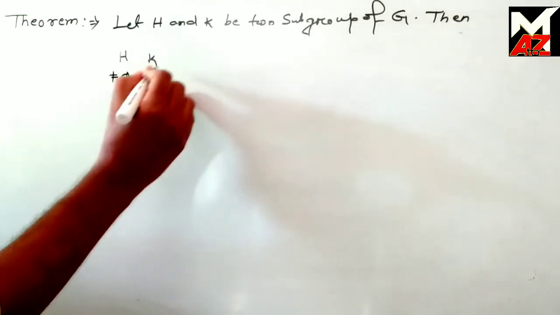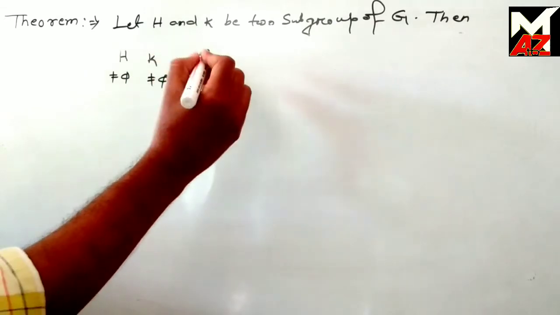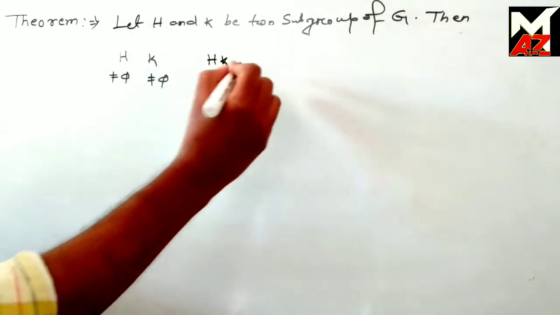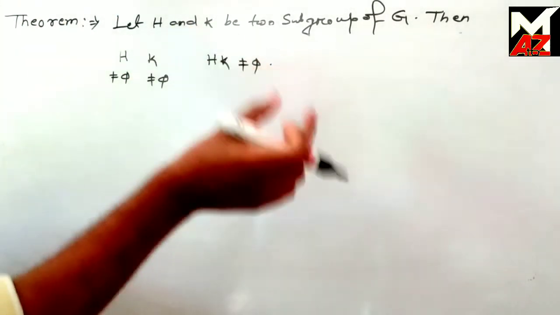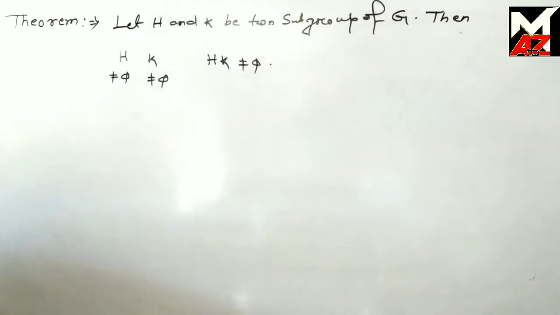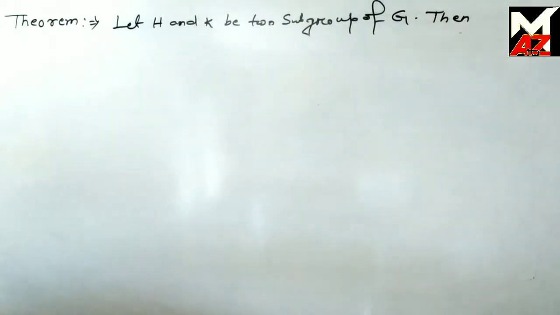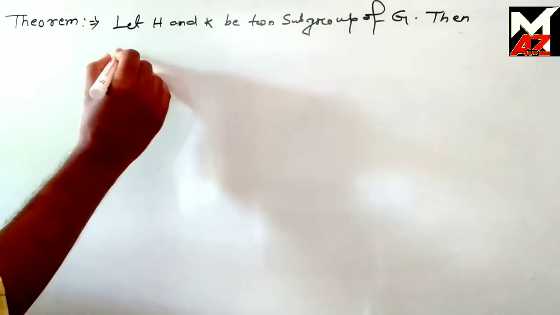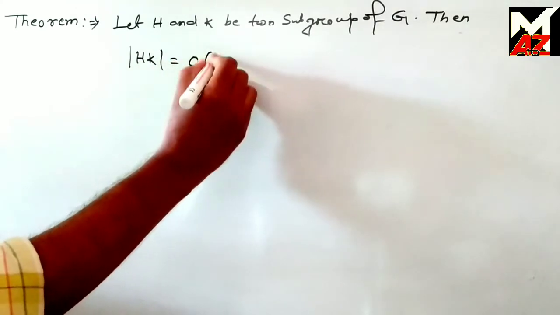This is not equal to phi and this is also not equal to phi. So we say that HK is not equal to phi. Either this is a subgroup or not. Now we try to find the number of elements of HK, that is, we denote it by order of HK.